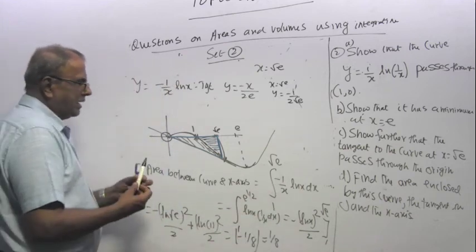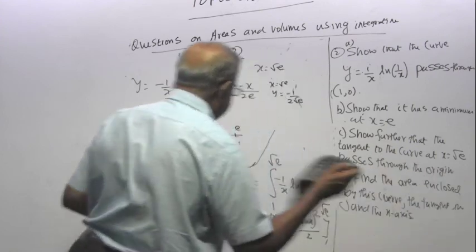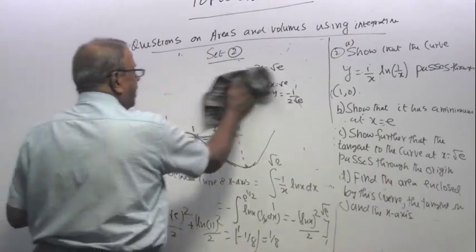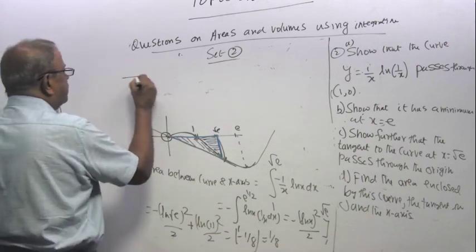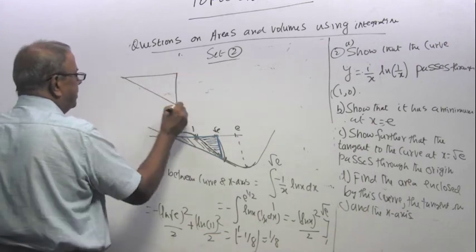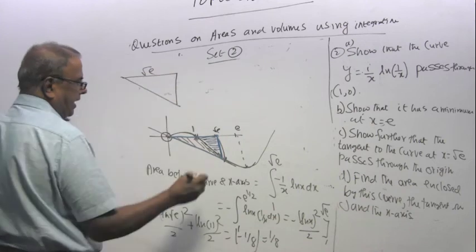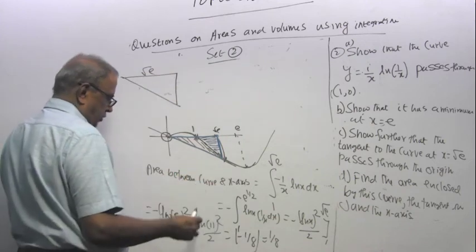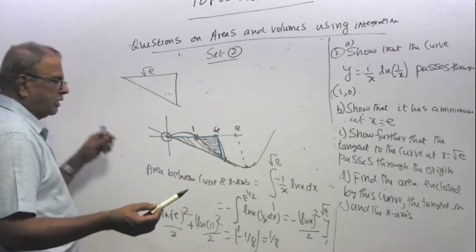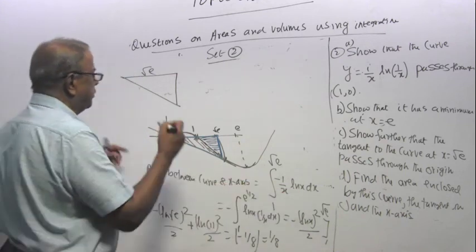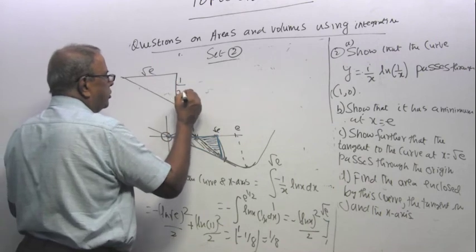Okay. Now let me draw a diagram to make you understand this last bit. I got that 1 over 8. You see, I have a triangle like this. This is root e, and that one is, when you put x as root e, I found it to be minus 1 over 2 root e, isn't it? So therefore, it is 1 over 2 root e.